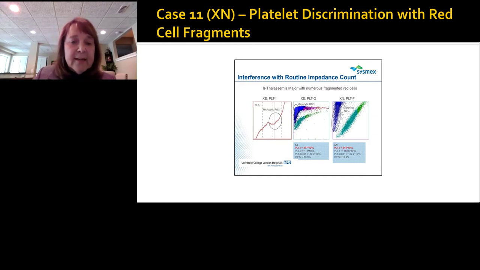And if you can see the presentation there, we can see platelet I was about 500,000, whether it was measured on the XE or the XN. So the platelet I told us this patient had 500,000 platelets. When we looked at Platelet-O, it was 111,000.